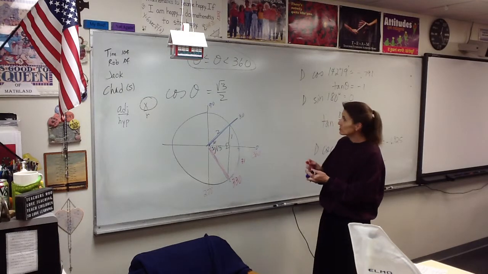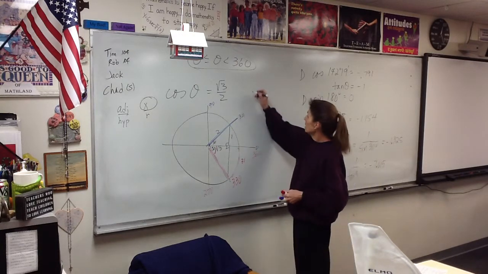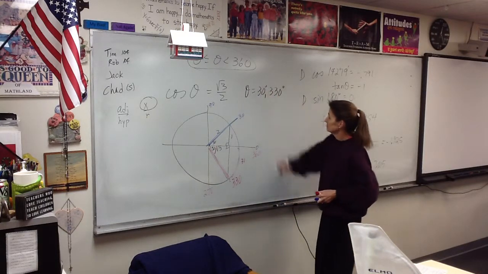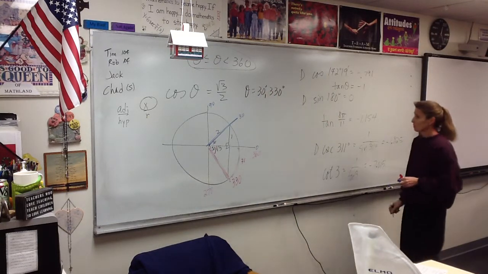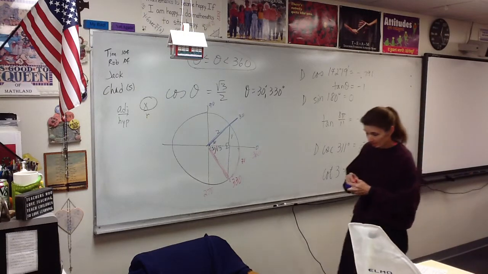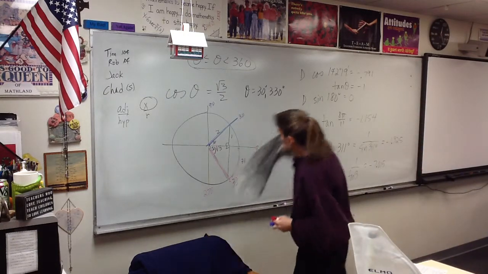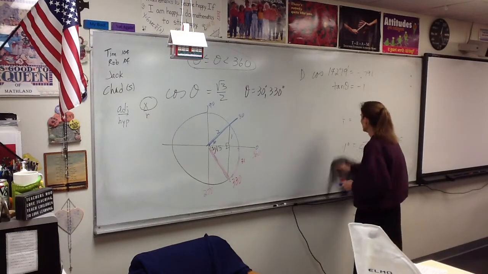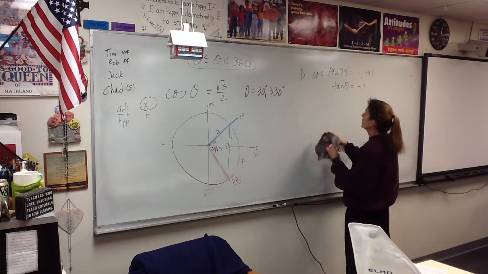So the two answers to the question are 30 degrees and 330 degrees. Perfect. The next one, we're going to do exactly the same thing, but it says the tangent is -1.